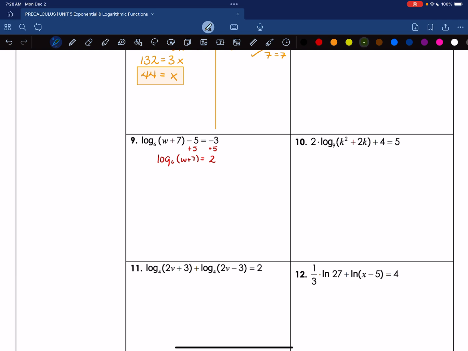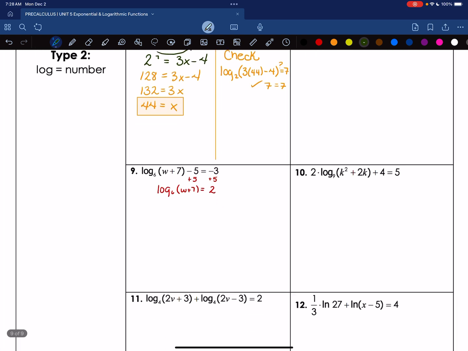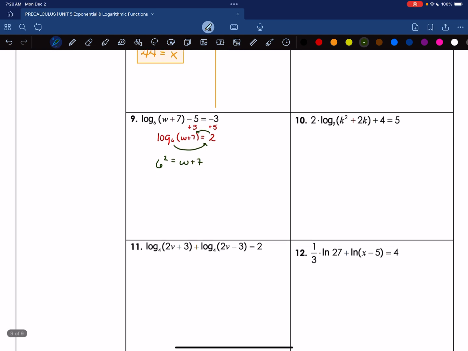So we move on to our next step. Step number 2 is to rewrite it in exponential form. So that's 6 to the power of 2 equals w plus 7. And then we are at our final step, which is to go ahead and solve and check that your solutions are not extraneous. So 6 squared is 36.